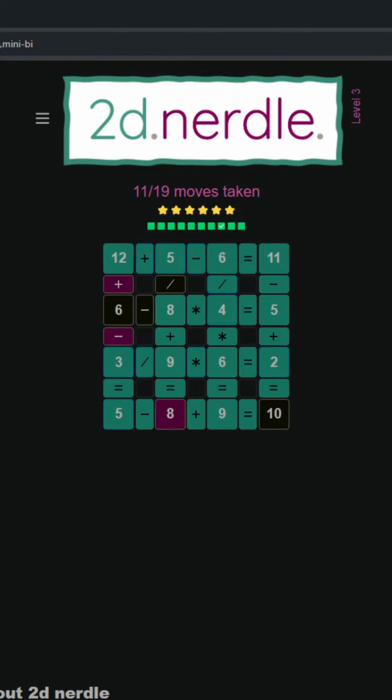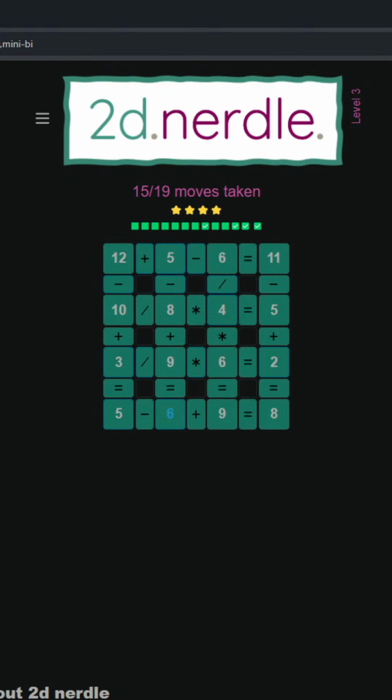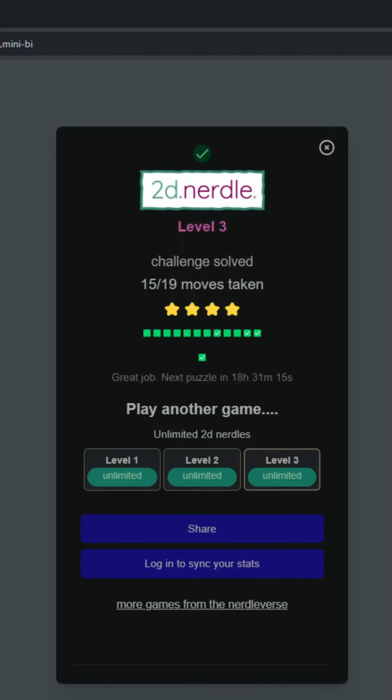Then 5 also has to go here. Plus sign. This has to go here, that has to go there. This has to go here. What are we cooking here? This has to go here, and then this swaps. Bada bing, bada boom. And we finished the hardest version of 2D Nerdle.